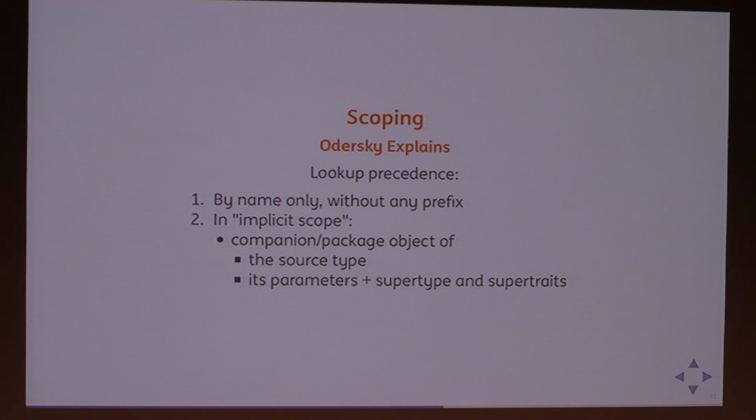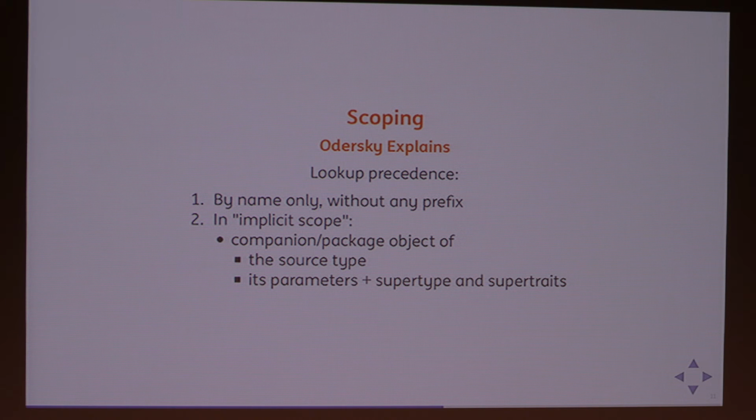Basically, when the compiler is looking for implicits, it will look first in the local scope if it can find something which is referenced by only a simple name. So that means no dots, basically. So if it's available with a simple name in the current scope, then it will use it. Obviously, it has to be defined with implicit in front of it.